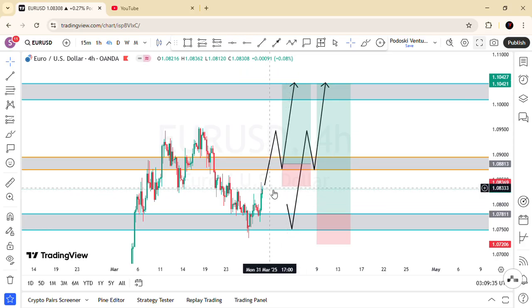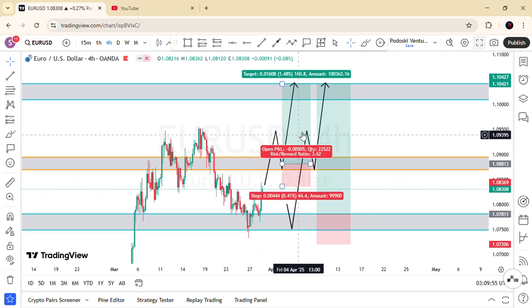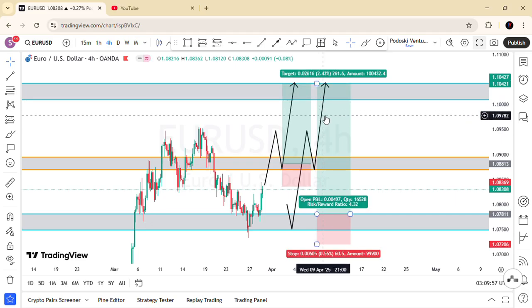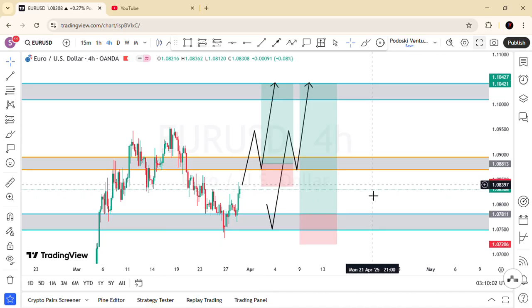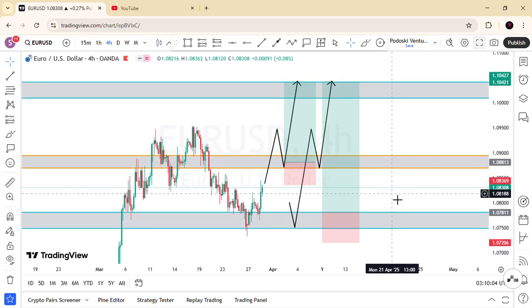Or price will probably drop to the daily zone as soon as the market opens, and if price drops to the daily zone, then we'll be looking for buying opportunities all the way to the daily upper zone. This is what I'm expecting price to do on the 4-hour. Okay.